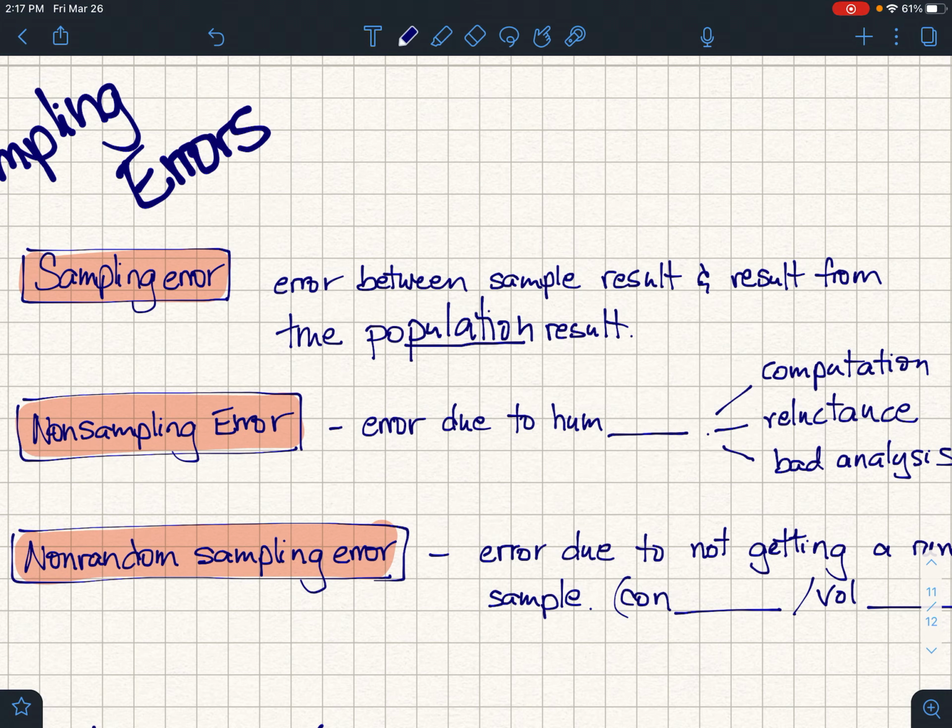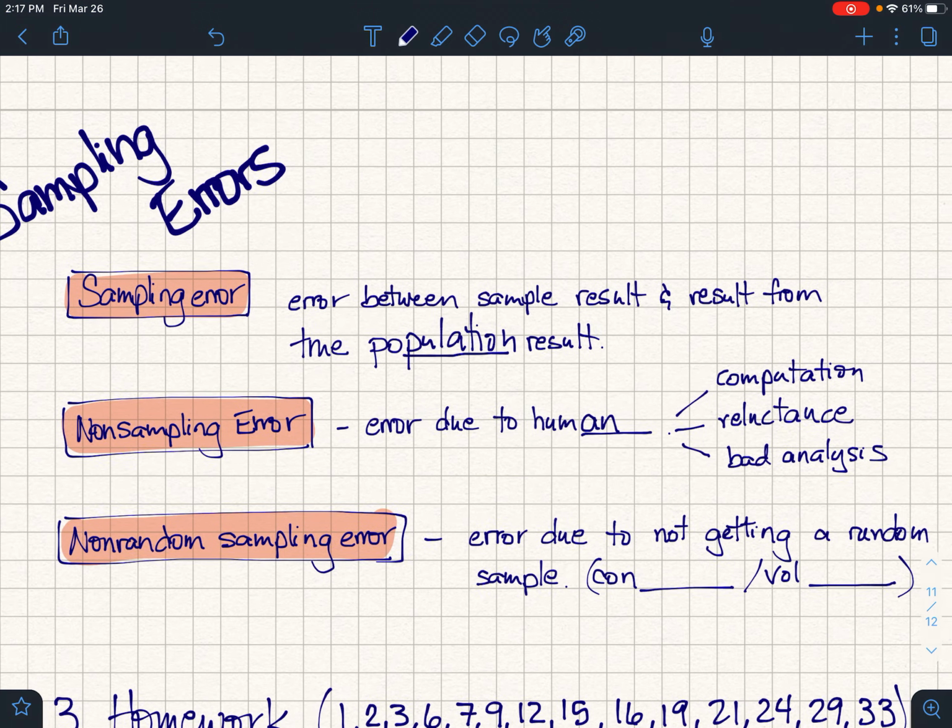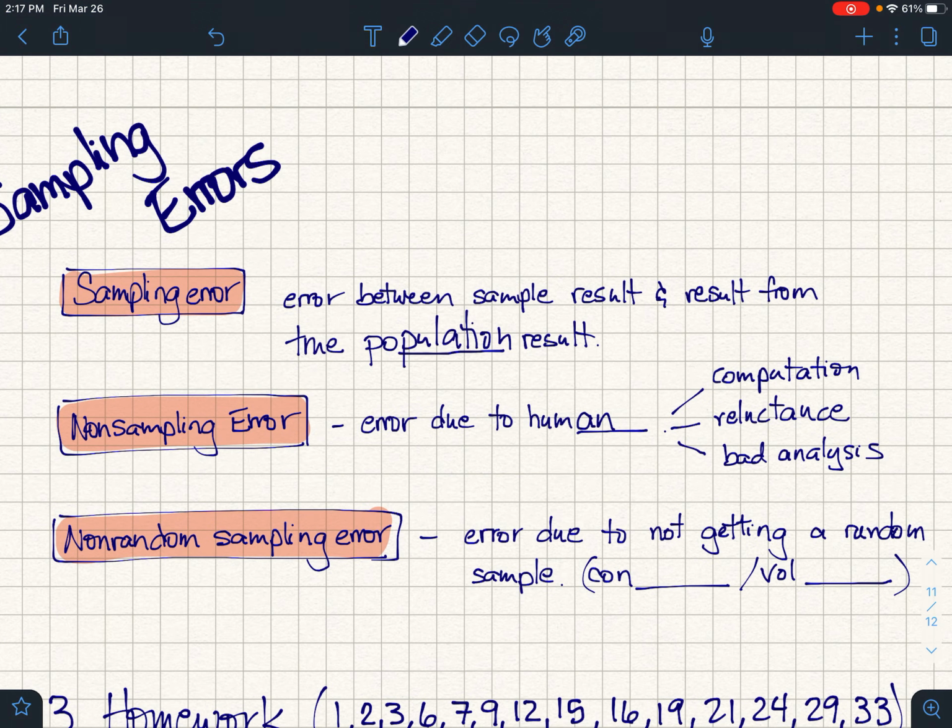Then there's the non-sampling error, and these are the more quote-unquote interesting ones. There is the error due to human factors, right? Maybe it could be a simple computation error, that somebody just doesn't add things up right. It could be a reluctance error, in which case somebody is not getting the good data because people aren't honest.